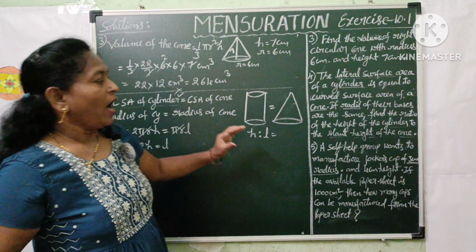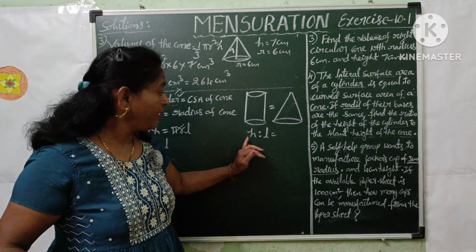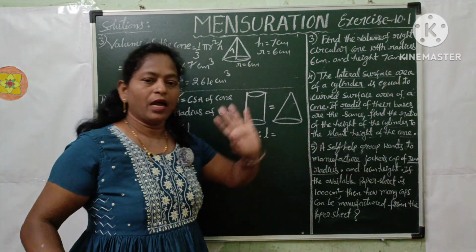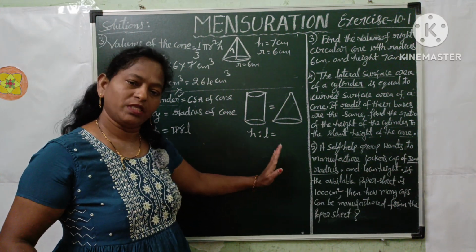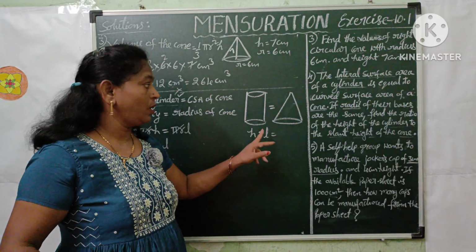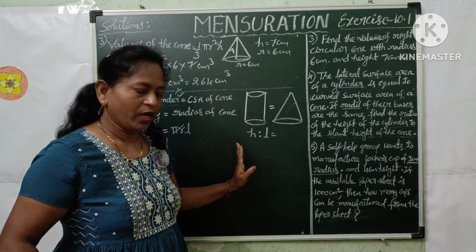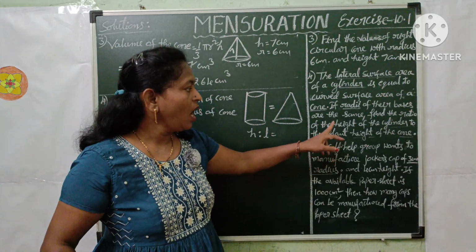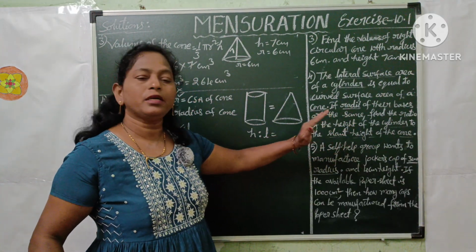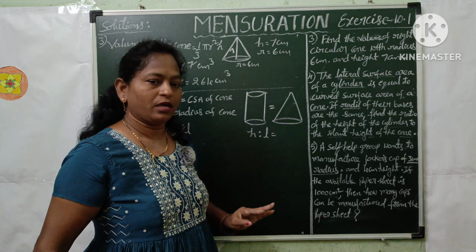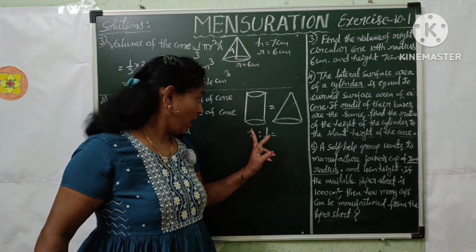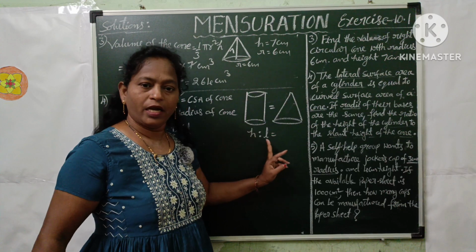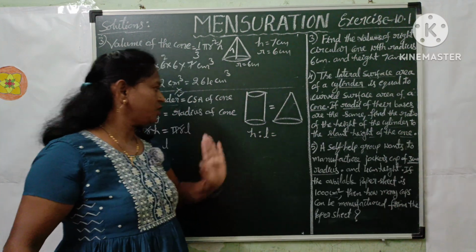Here the ratio of the height of the cylinder to the slant height of the cone, so we use height is to slant height. Don't use L is to H. They said clearly the ratio of the height of the cylinder to the slant height of the cone. The height of the cylinder is H, the slant height of the cone is L. This ratio we want.